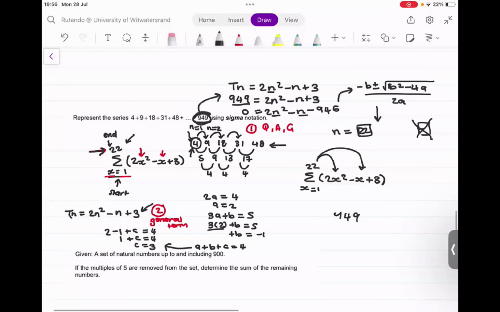Okay. So I'm going to leave this here for a bit so that you can take screenshots if you want to. And then I will show the other one.